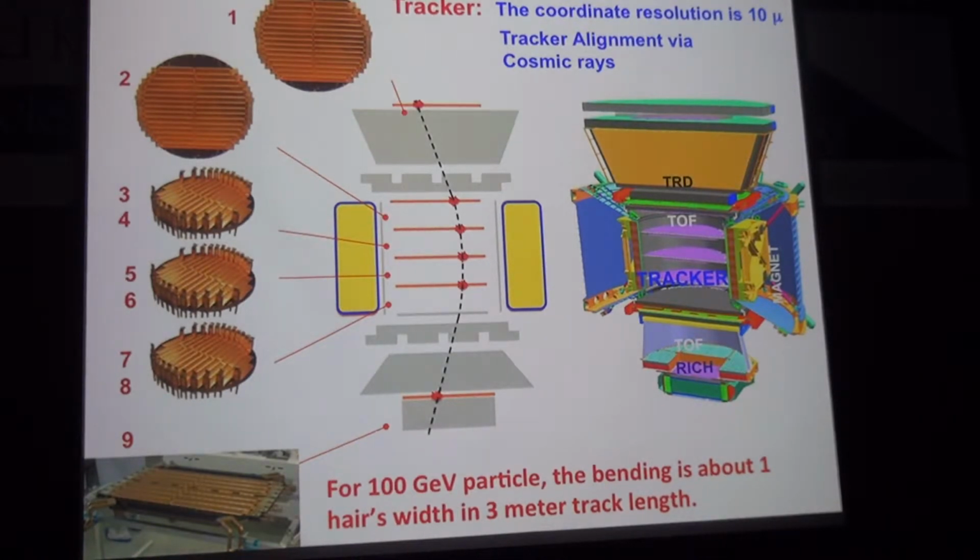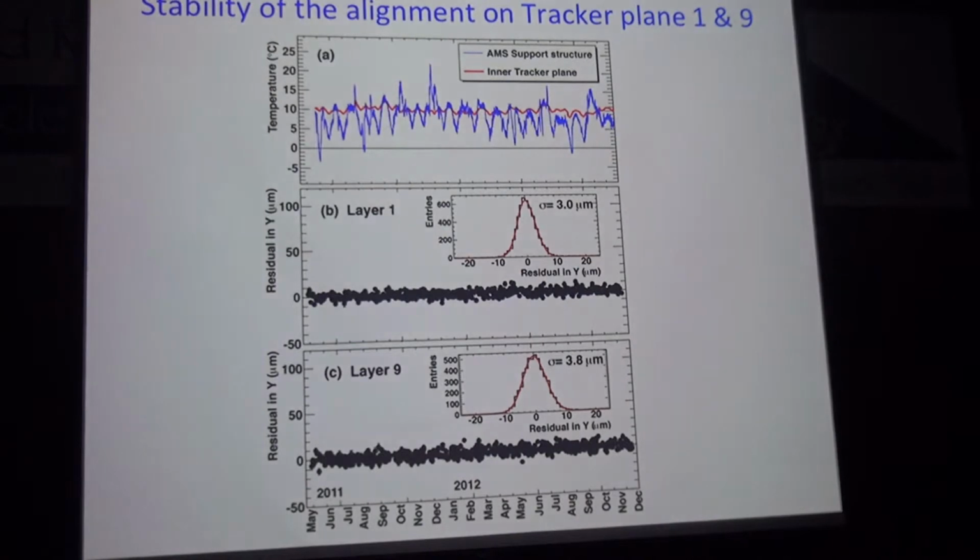One of the most difficult parts of AMS is to align the trackers, because in space we don't have a fixed energy beam to align the detector, and in particular, this picture shows the temperature variation of AMS. Every 90 minutes, AMS goes around Earth, so the temperature goes through a cycle of 90 minutes. It can vary from as low as -5 to about 25 degrees.